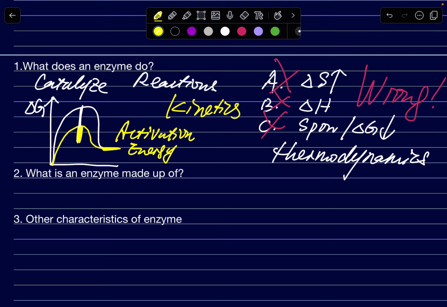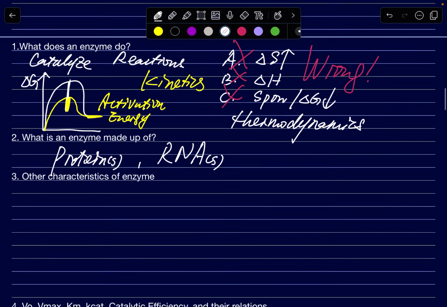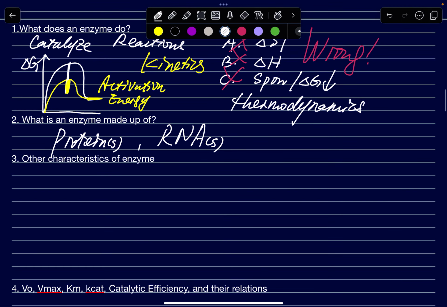All right, and then number two, what is an enzyme made up of, right? And then usually we were taught that it's protein, right? Okay, perfect. And then on the MCAT, you can also see sometimes it's RNA, okay? So I just want to point that out so you don't feel surprised when you see that. Okay, and then some other characteristics of the enzyme.